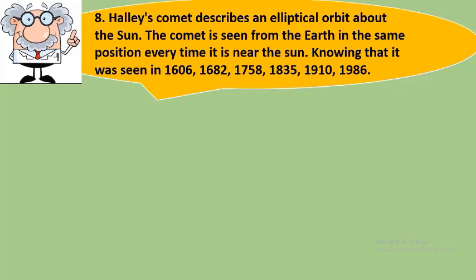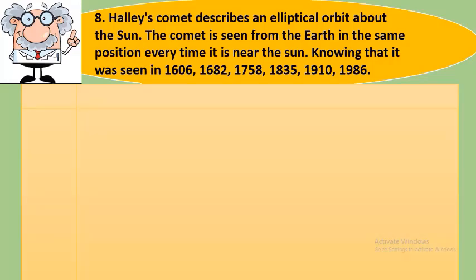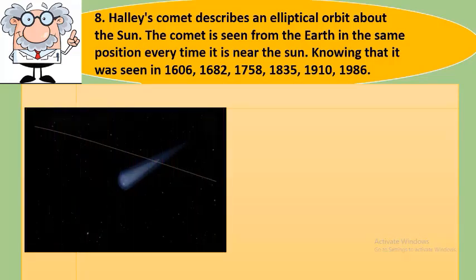Before we answer the questions about this, let's describe what a comet is. So a comet is a body that orbits around the Sun. It's usually a rock of some kind, and it orbits around the Sun in a certain direction. As mentioned in the question, it has an elliptical orbit.